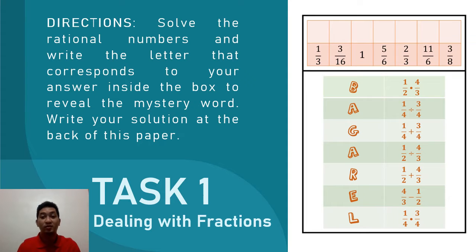So the answer is 2/3. So you write the letter B above the 2/3 to reveal the mystery word. The same goes for the other letters below. After doing this, you will be able to recall how to multiply, add, divide, and subtract rational numbers, and that will help you in understanding operations on rational algebraic expressions.